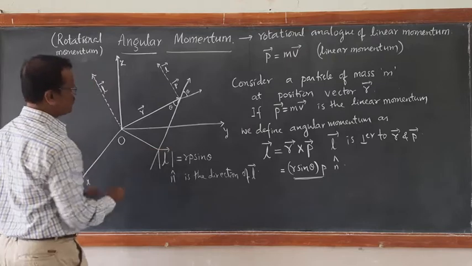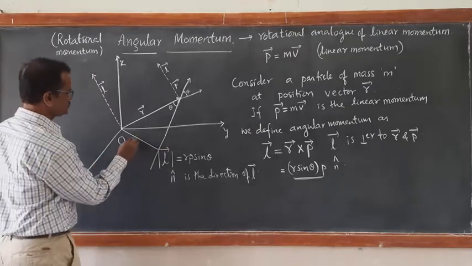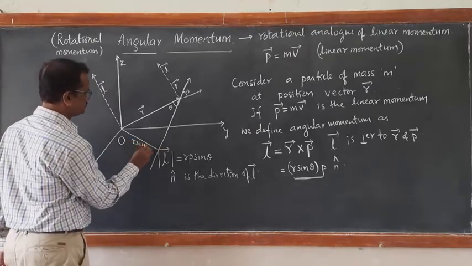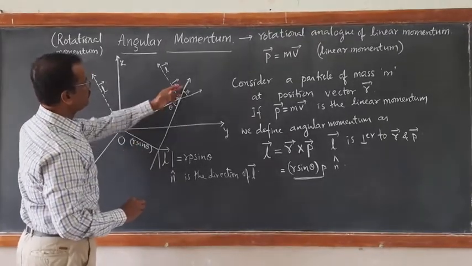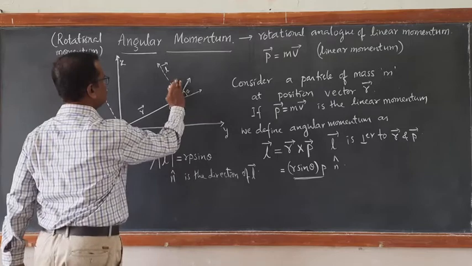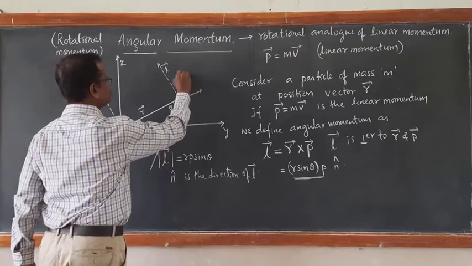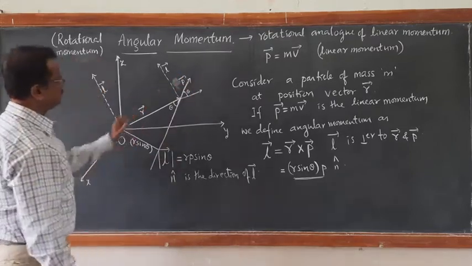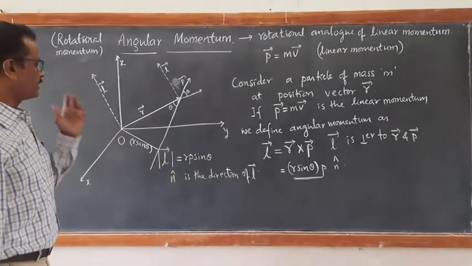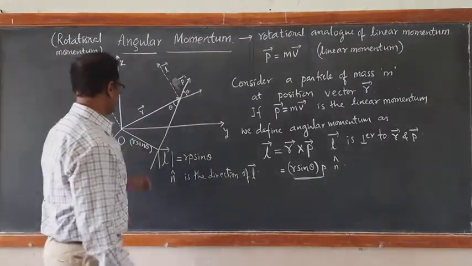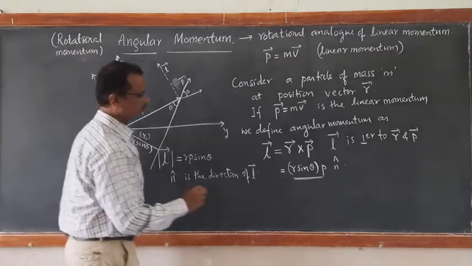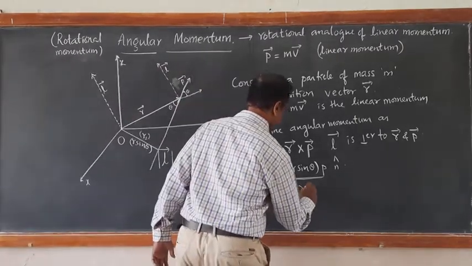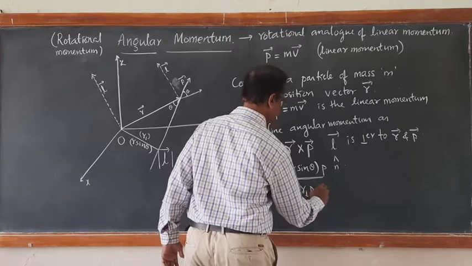As we have studied earlier, this becomes r sin theta. So r sin theta into p gives you the angular momentum. This r sin theta is also written as r perpendicular component, so this can be written as r perpendicular into p n cap.